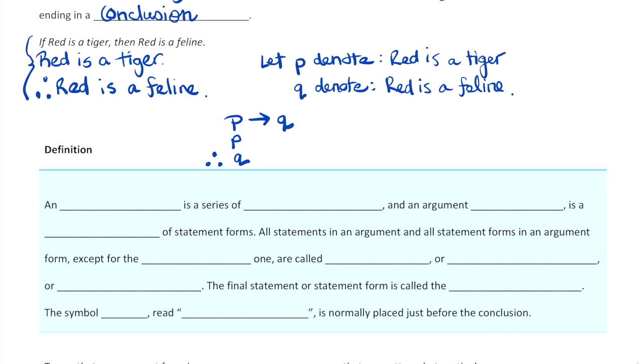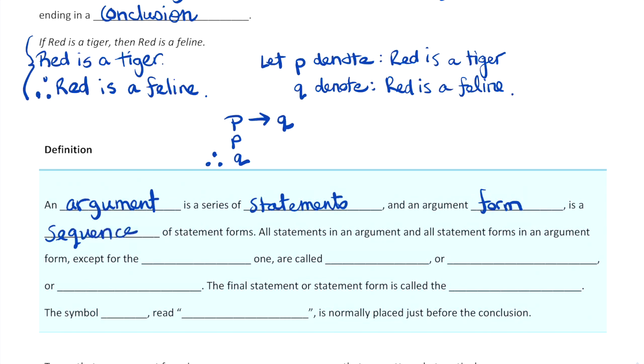So, definition: an argument is a series of statements, and an argument form is like what we just talked about. That argument form was a form called modus ponens, all right? So an argument form is a sequence of statement forms.